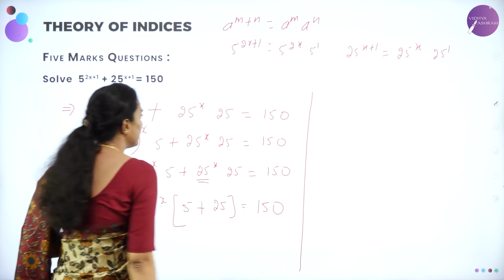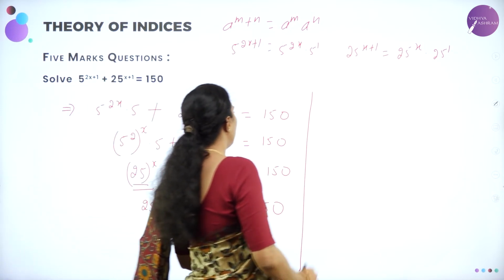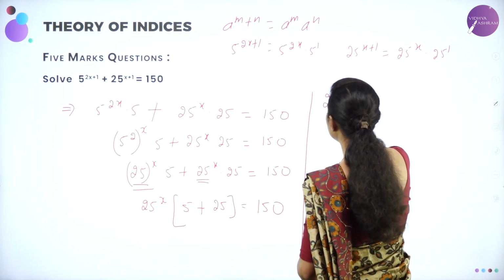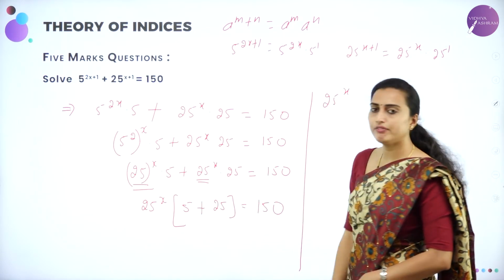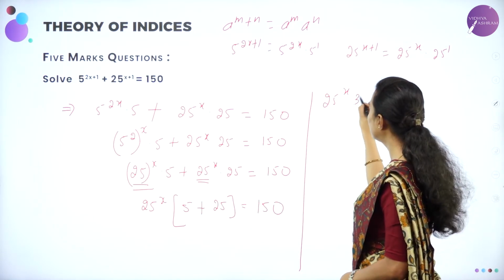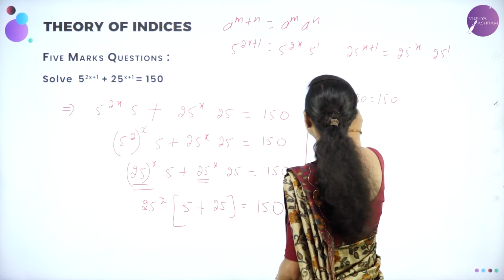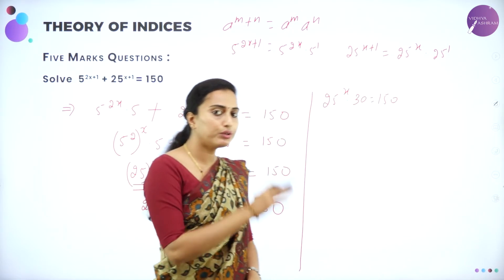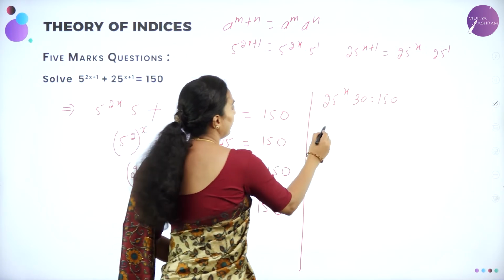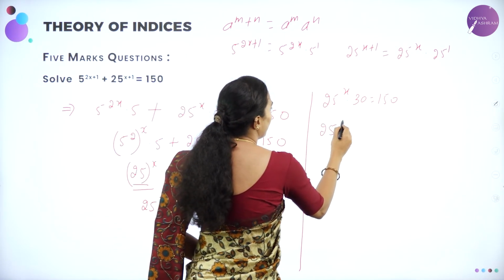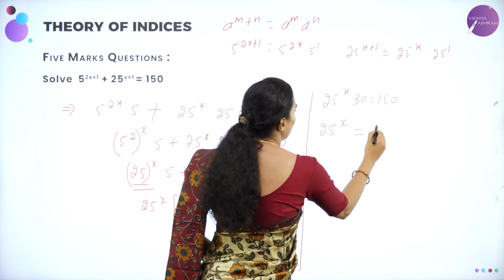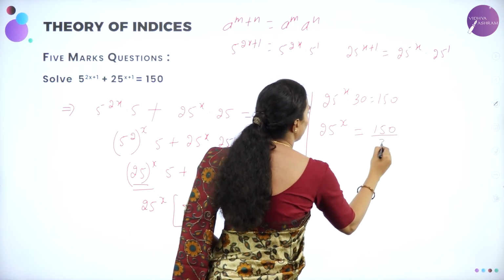Now solving this, I get 25 power x into 5 plus 25, which is 30, will be equal to 150, correct? So I am going to cross multiply: 25 power x is equal to 150 divided by 30.